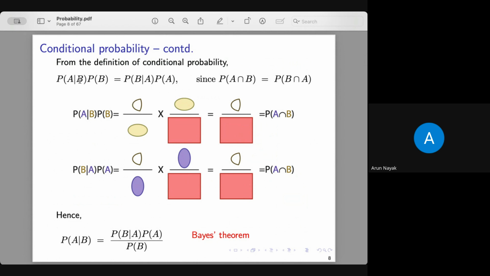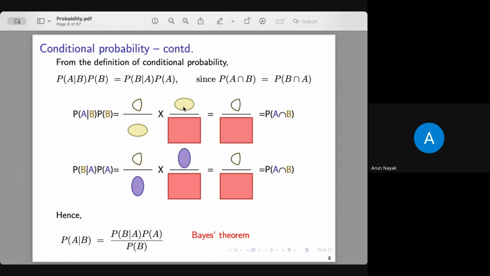This portion times this would give you the probability of A and B. Similarly, probability of B given A times probability of A will also give you probability of A and B.